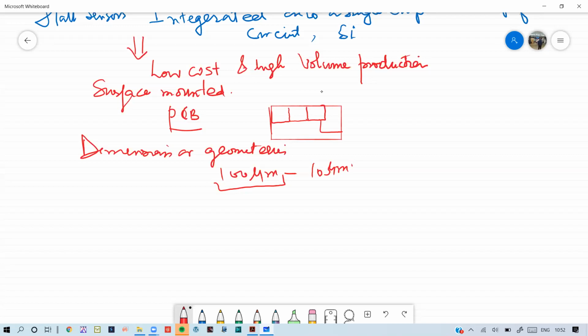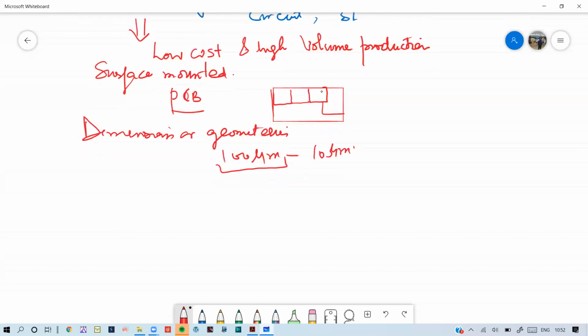For example, there is a transmitter, or some other machine in your lab using the Hall effect, or others based on sensing magnetic fields. Then we can use this Hall sensor inside that complex circuit without taking too much space because of its small dimensions.